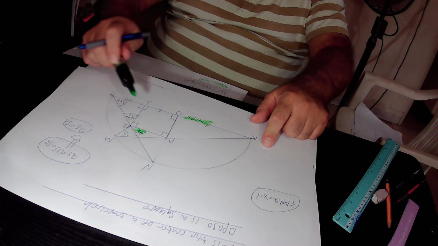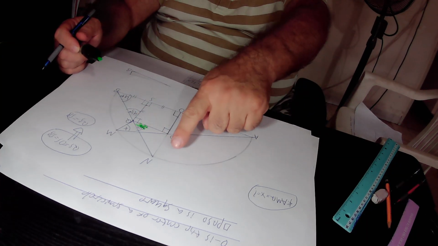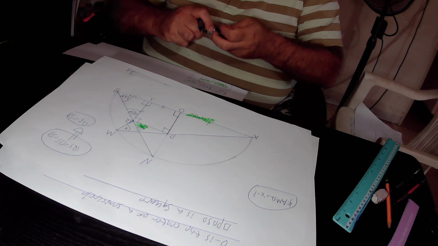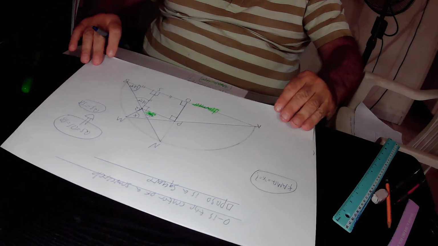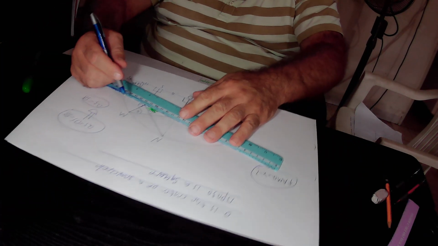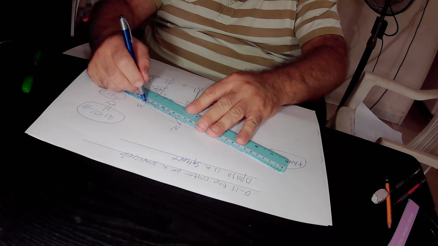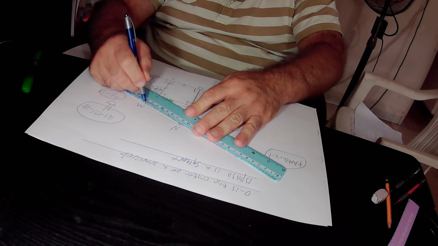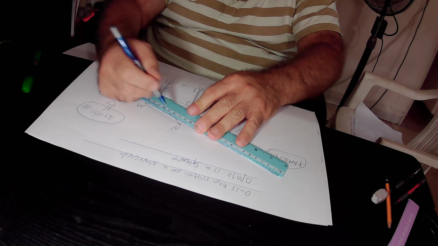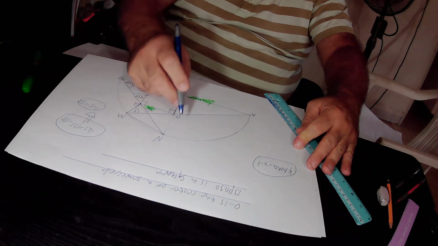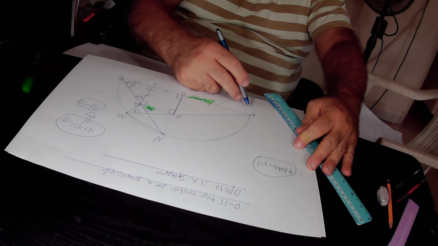In the next step, we join points M and N together by a straight line. And we join points N and A together by a straight line.